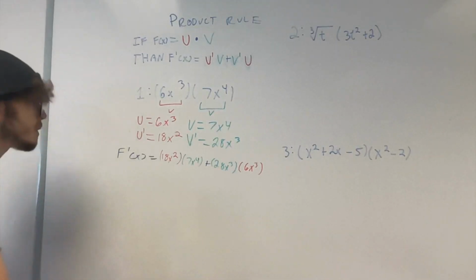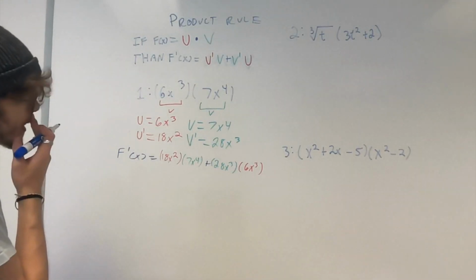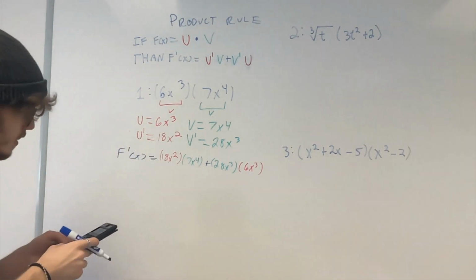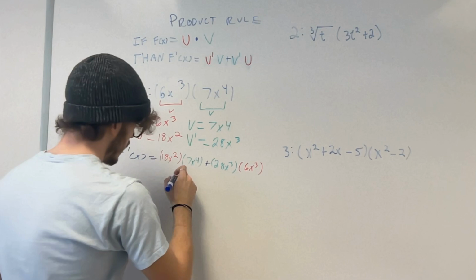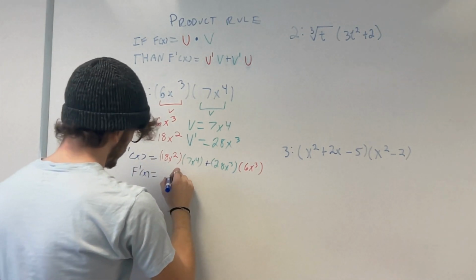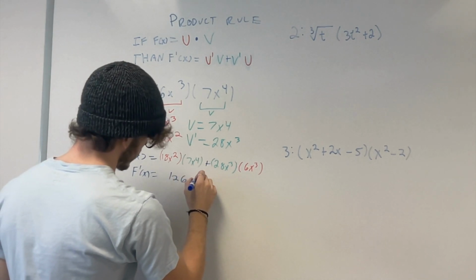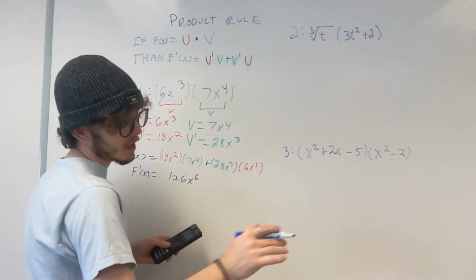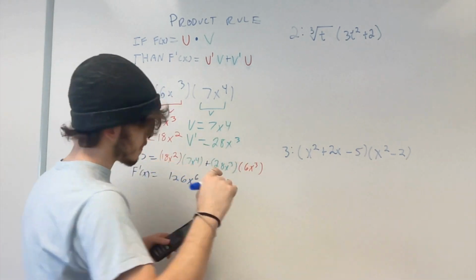We can do a little bit of simplification. We can actually use the distributive property and multiply the two together. So 18 times 7 is 126x to the 6. When we multiply two terms with exponents, we add the exponents.